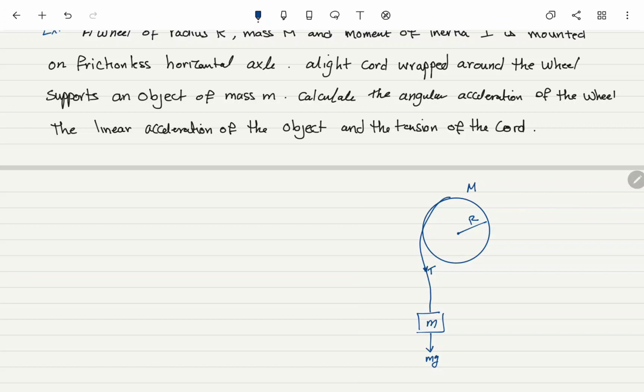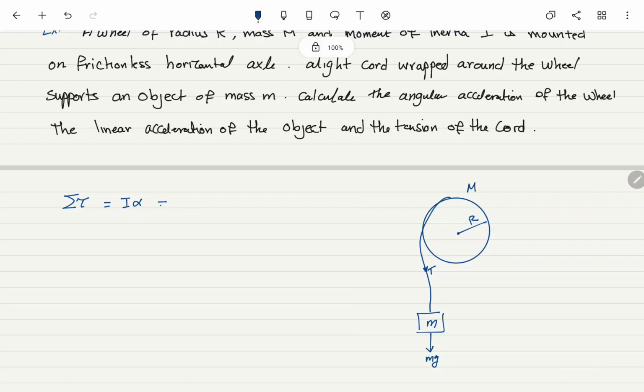Now to calculate the angular acceleration of the wheel, let's calculate the net torque equal to I alpha. And we also know that the net torque is equal to r cross F. R in this case here is the radius for the wheel, and F in this case is the tension.